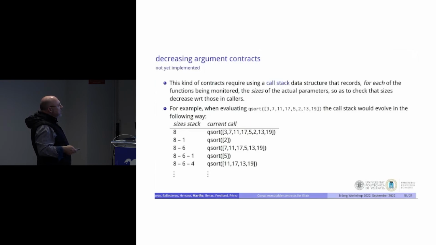We call quicksort with the elements greater than 3, size is 6. So here we check that 6 is smaller than 8, as 1 was smaller than 8. So at each time we just have to check that the next size that we push onto the size stack is smaller than the element at the top of the size stack.